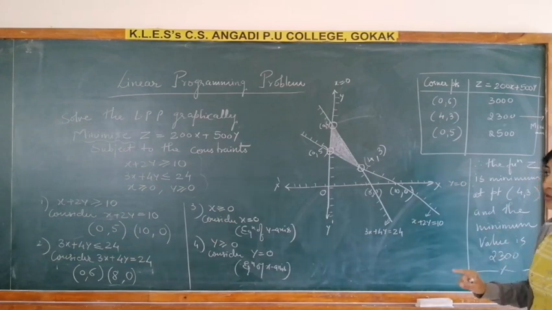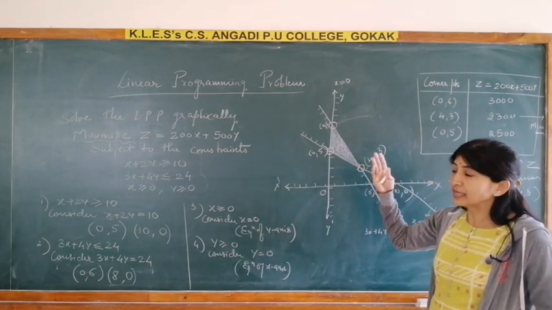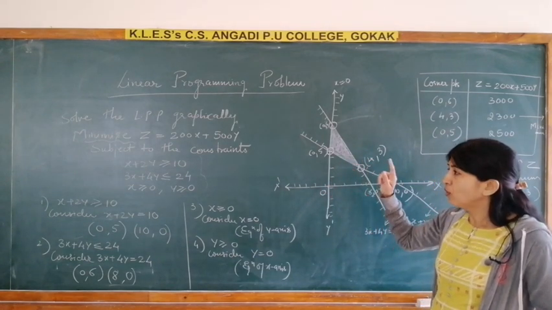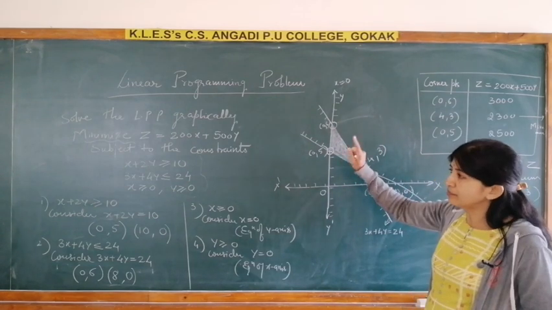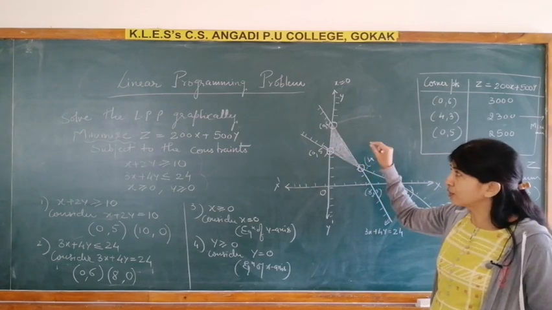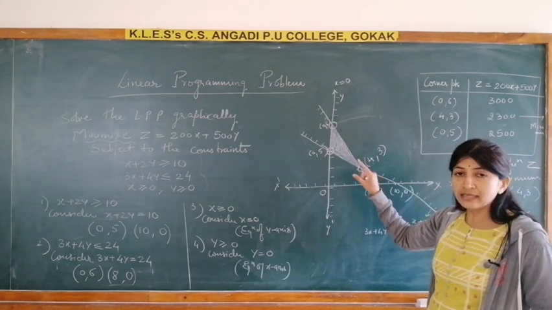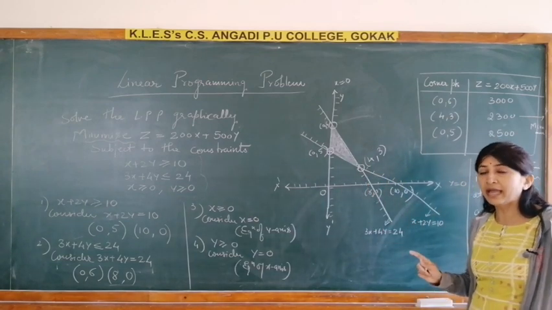Remember students, the objective function is maximum or minimum always at the corner points only. You will get the maximum and minimum value at the corner points only. So, corner point indicates the function is maximum and minimum at what point.